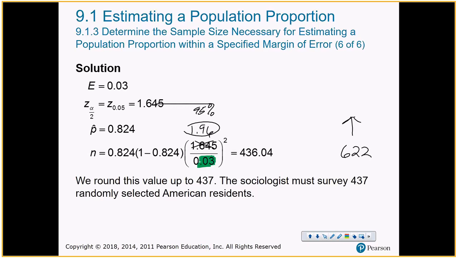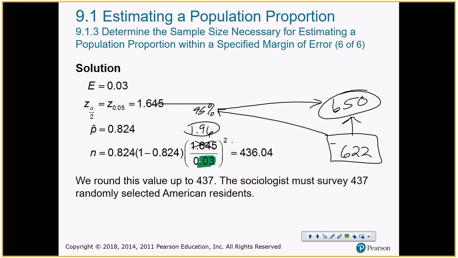I would probably go to 650 if I was going to put out a survey or a questionnaire or whatever the case may be. So you get the point. A 95% confidence level would up the number you're going to survey to 650 if you wanted to make sure, but the answer would be 622 based on a 95% confidence level.